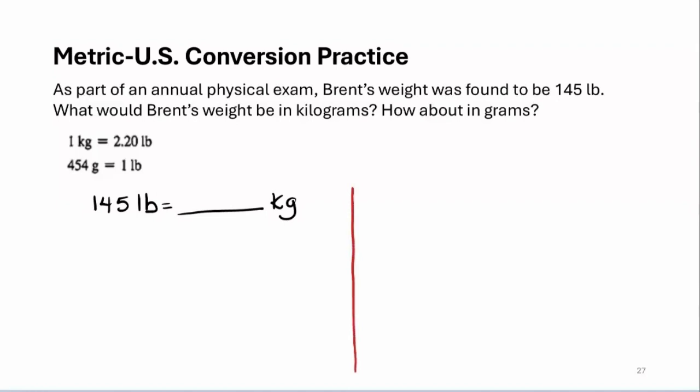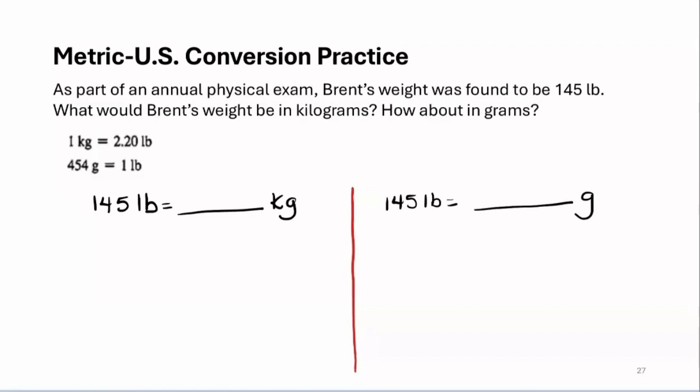Additionally, the problem tells us that we need to figure out how to take this amount and change it into grams. So we have 145 pounds, and we need to change it into grams.